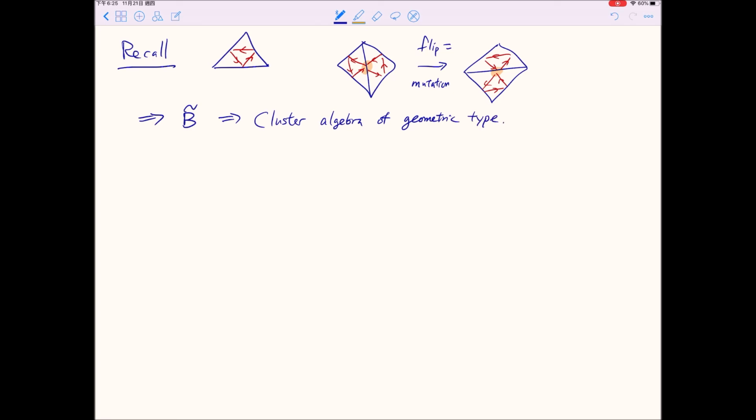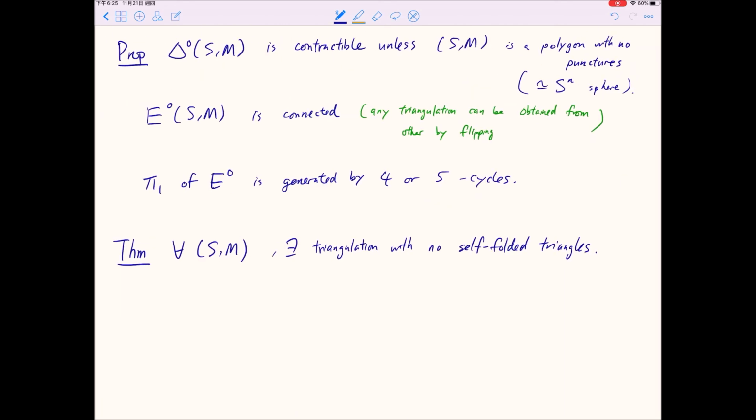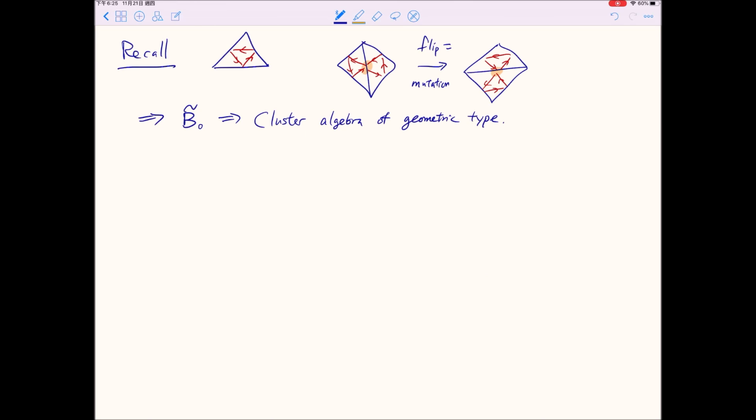And let's say we start from the initial one, so the one that has no self-folded triangles. So every triangle is nice of this form, and you know how to associate to it a quiver. So in this case, the n means the number of arcs of your triangulation, the number of mutable vertices.